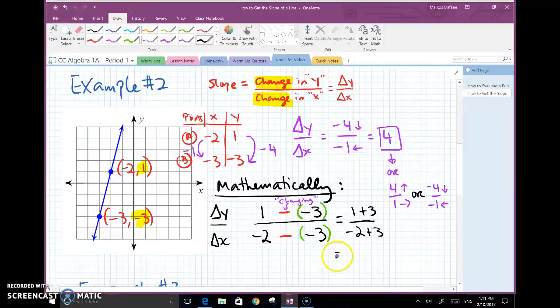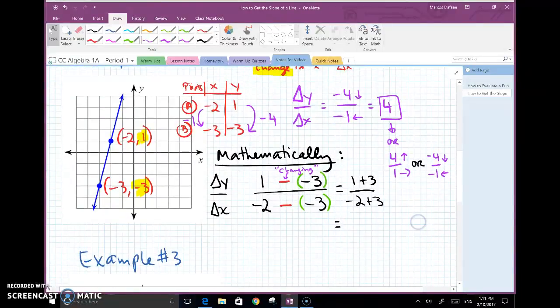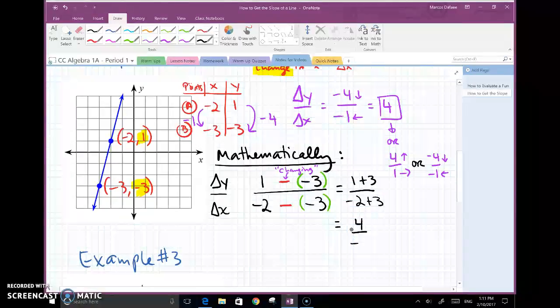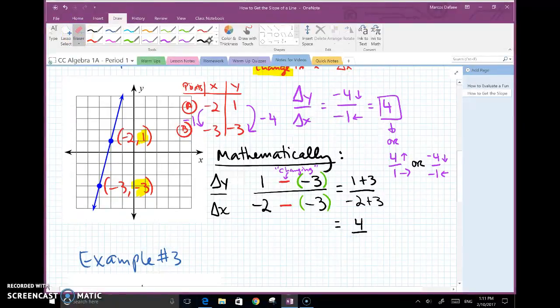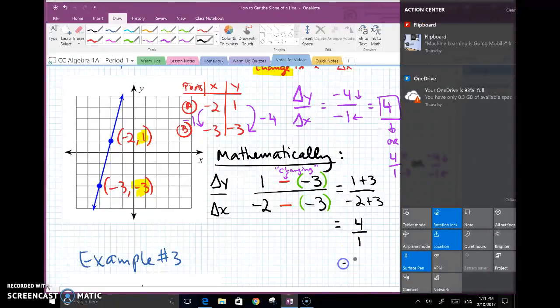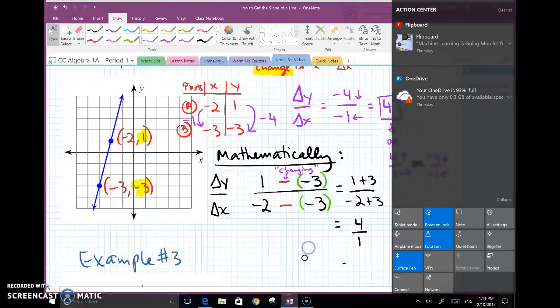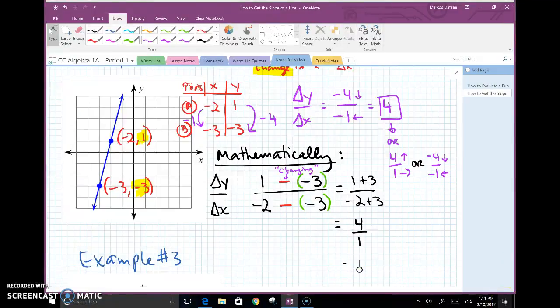Now I have to simplify this. So this is 4 over positive 1. And if you divide 4 by 1, you just get 4. Oh, sorry about that. I keep tapping things. There we go. You get 4.